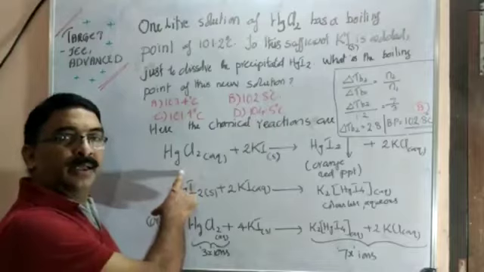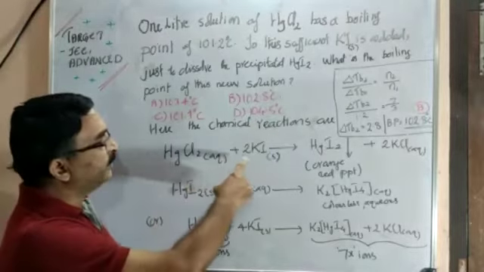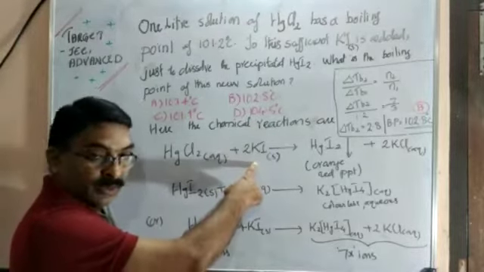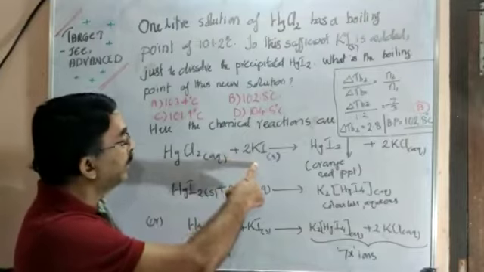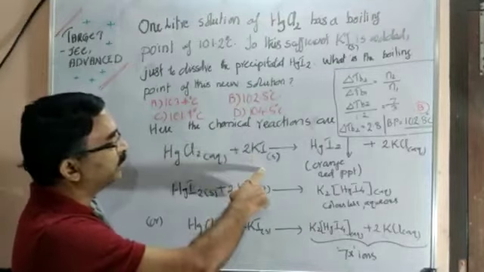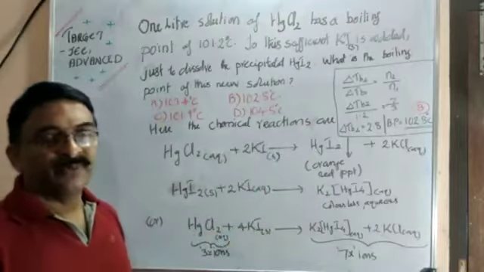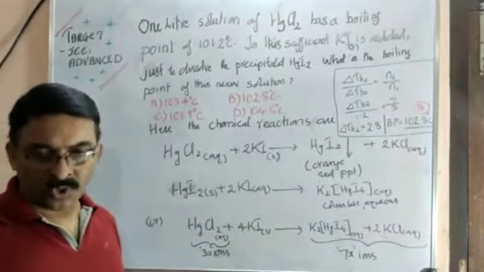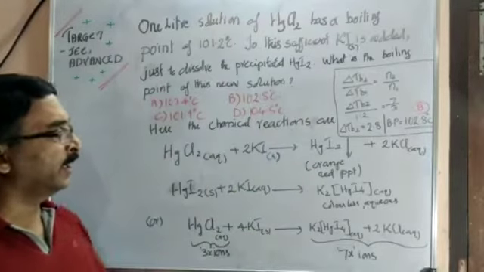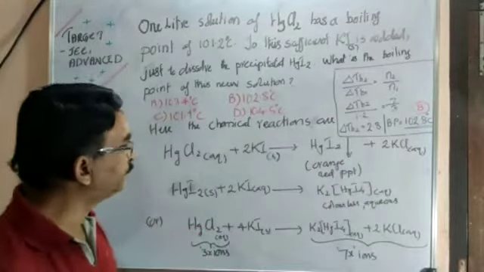Mercuric chloride is water soluble and colorless. When you add a salt, potassium iodide, HgCl2 reacts with the potassium iodide forming water insoluble mercuric iodide, a red orange colored solid which gets precipitated, along with 2KCl aqueous.